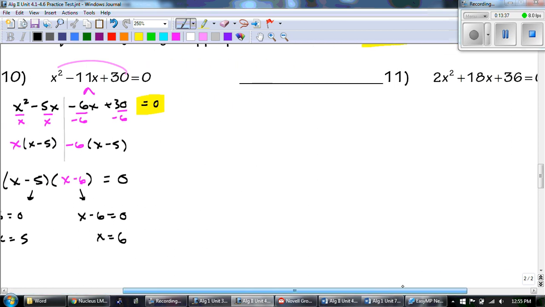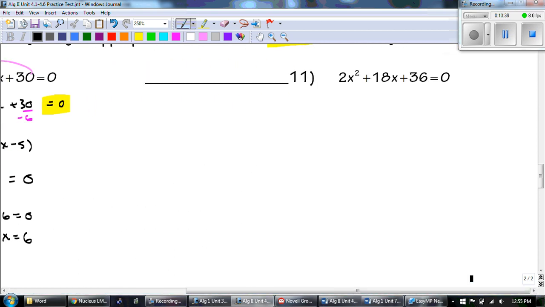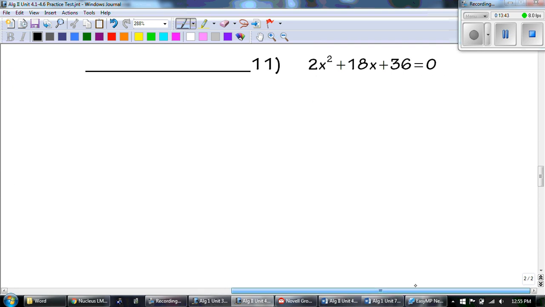Okay, so we factored. We always check, can I factor? Number 11, can I take out a GCF? Yeah, I can take out a GCF of 2, and then we're left with x squared plus 9x plus 18 equal to 0.